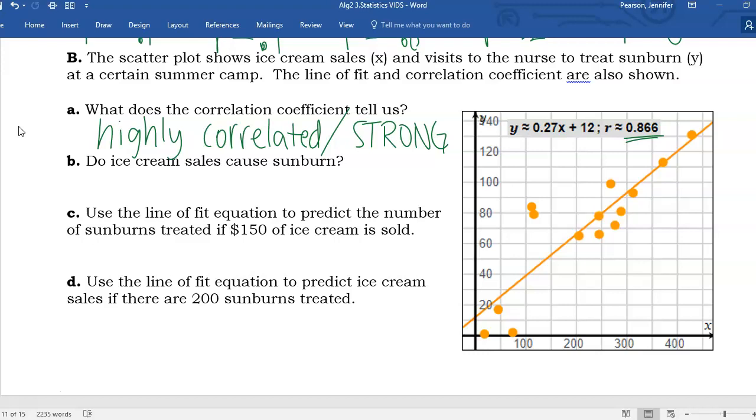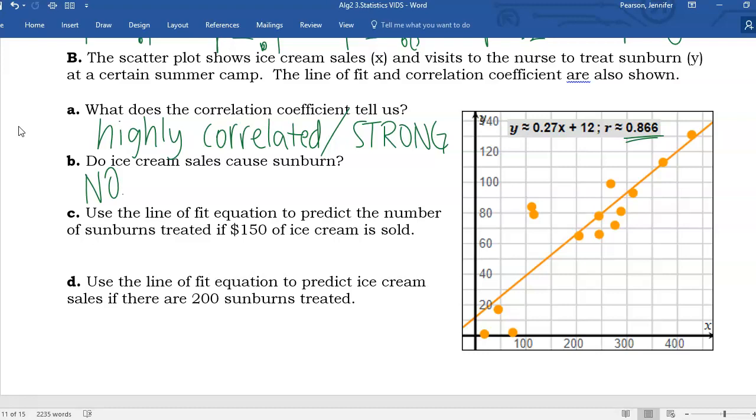So the question next is, do ice cream sales cause sunburn? So the more ice cream that gets sold, the more sunburn we see, but there is no causation with this, right? Ice cream doesn't cause sunburn. We have what we call a lurking variable, a third variable that causes both ice cream sales and that causes sunburn.